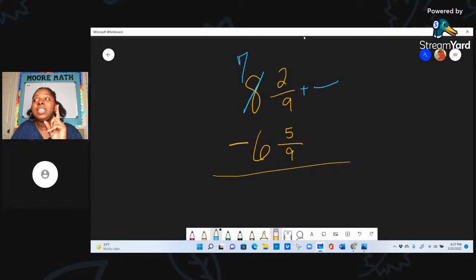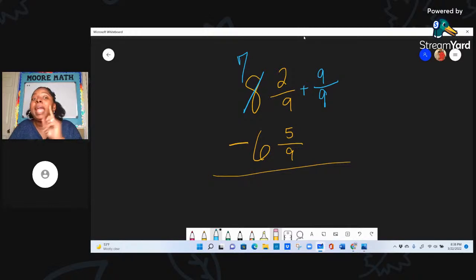And I'm going to add it to this 2 9s to make it bigger. So what out of 9 equals 1 whole? How many 9s equal 1 whole? 9. Good. Okay, you see that? 9 9s equals 1 whole. So I'm borrowing 1.